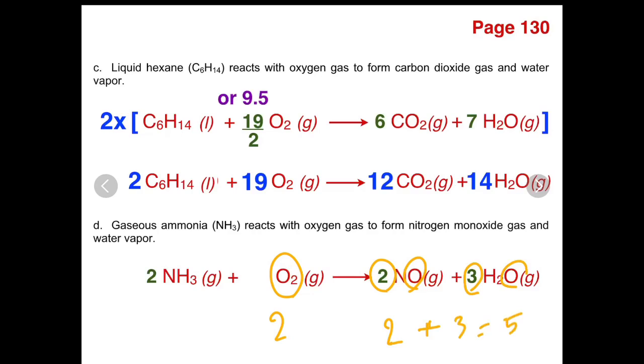These are not the same. To make 2 equal to 5, you will need 2.5, because 2.5 times 2 equals 5. So the coefficient that goes in front of this needs to be 2.5, or 5 over 2, because 2.5 multiplied by 2 is going to equal 5. So that's what I'm going to do.